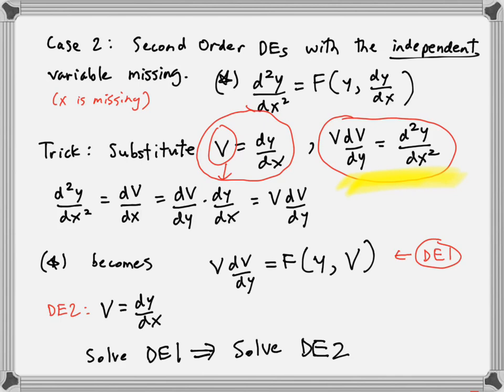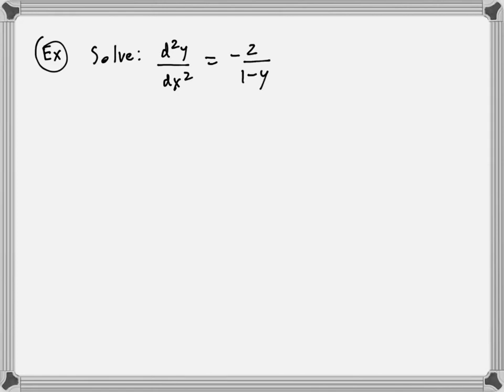Okay, let's do an example for this one. I want us to solve the following. Second derivative with respect to x is equal to negative 2 over 1 minus y times dy dx squared.